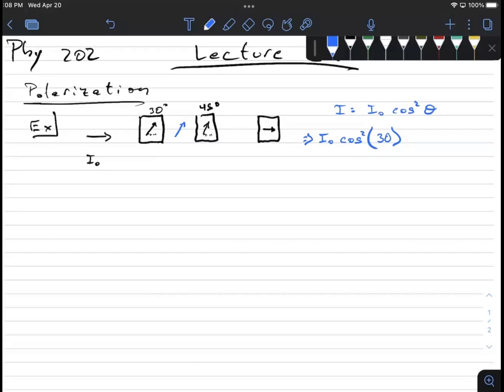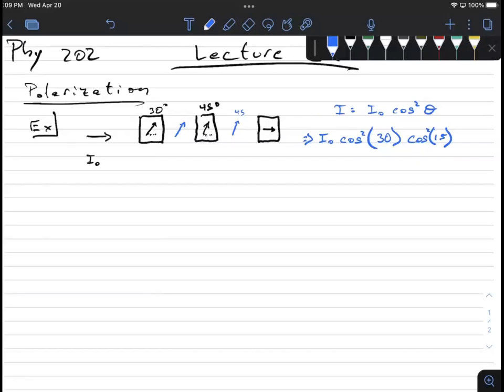So another cosine squared. This guy's angle is 45, but I'm starting at 30 and I'm trying to get through 45. So 45 minus 30 is a difference of 15. So this angle is 15. Now I've made it through the second polarizer. So whatever made it through, this guy is now at 45 degrees because he made it through the 45-degree filter.